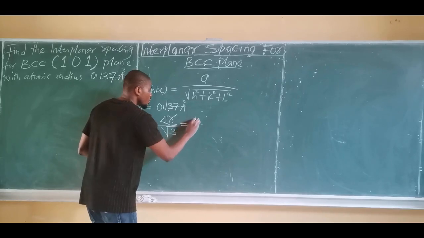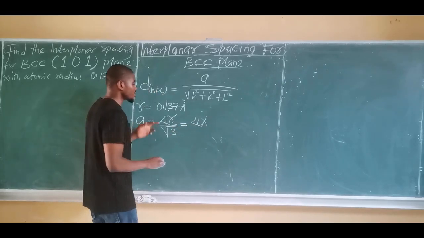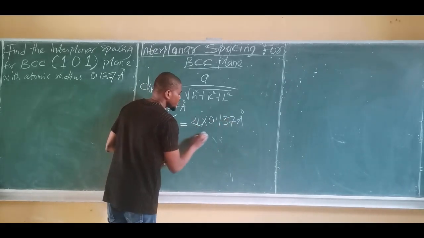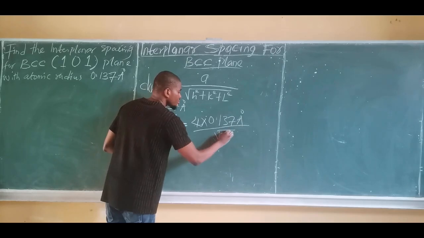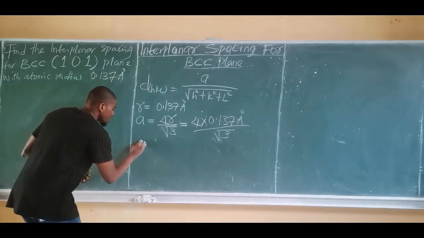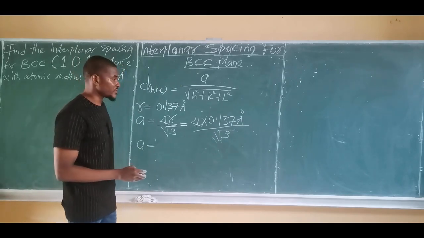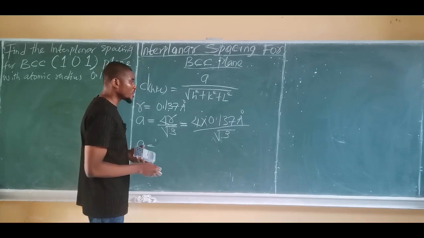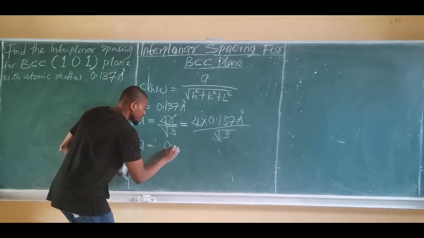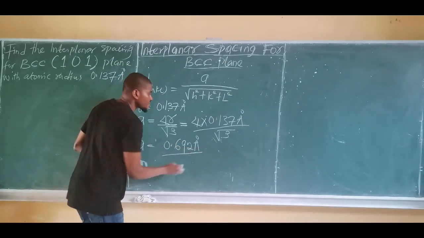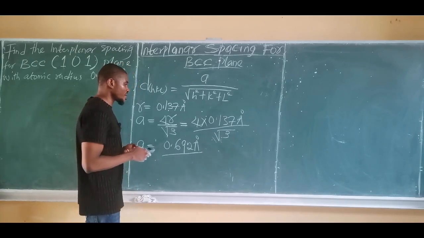So this is equal to 4 times atomic radius, given there is 0.137 Armstrong units, all over the square root of 3. So a is equal to, let's obtain 4 multiplied by 0.137. So 4 times 0.137 gives us 0.692 Armstrong units divided by, let's obtain square root of 3.